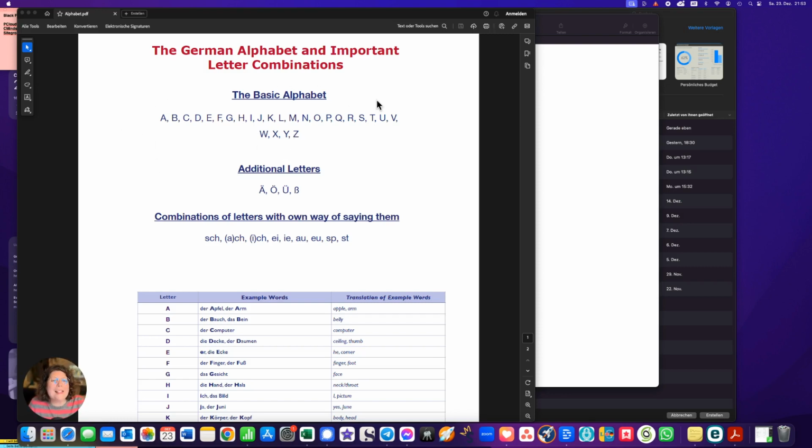So these are the basic names of the letters of the alphabet itself.